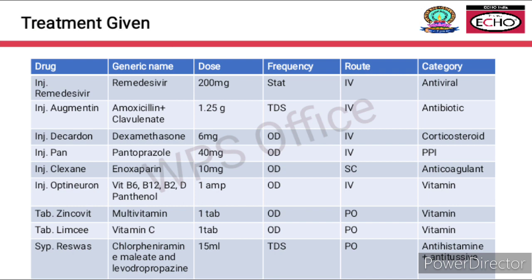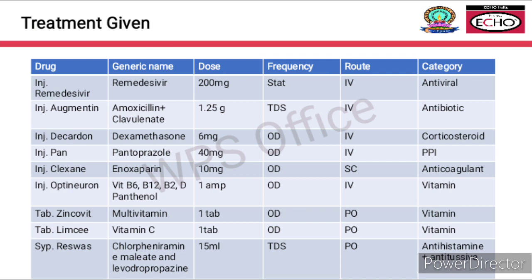Then injection Clexane is also given, which is enoxaparin 40 mg once daily in the subcutaneous route. That is the anticoagulant. Then injection Optineuron is also given, which contains vitamin B6, B12, B2, vitamin D, and panthenol. One ampule is given once daily in the IV route. This is a vitamin.